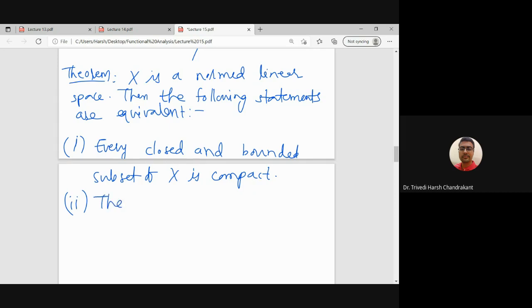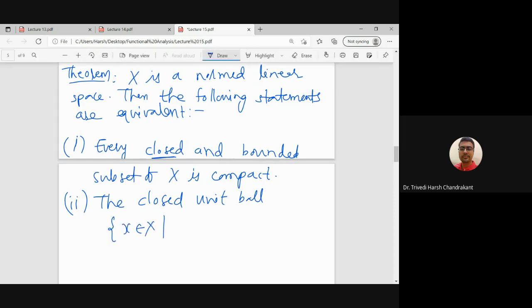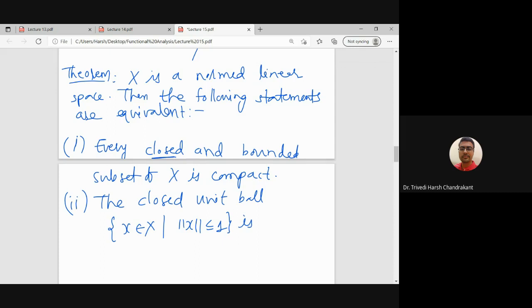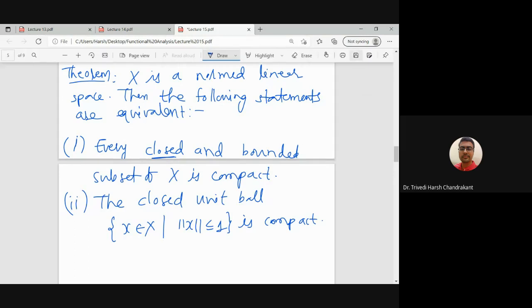So the second condition is that the closed unit ball, the set of all elements x in X such that norm of x is less than or equal to 1, is compact. We are calling it a ball, but it depends on the space and the norm.